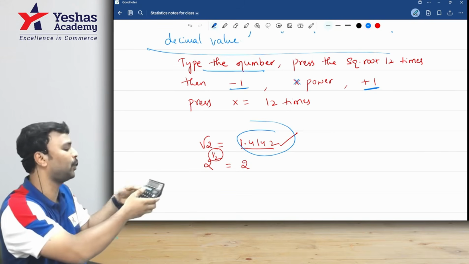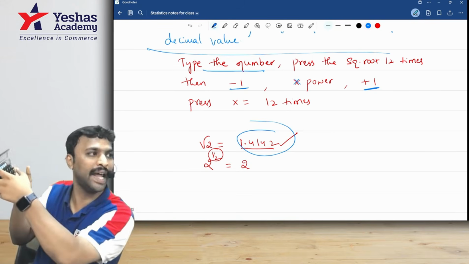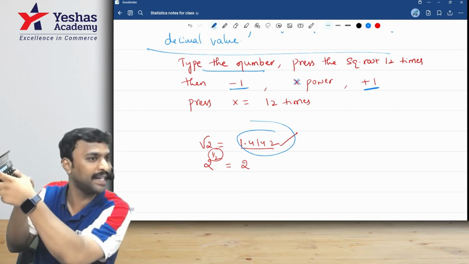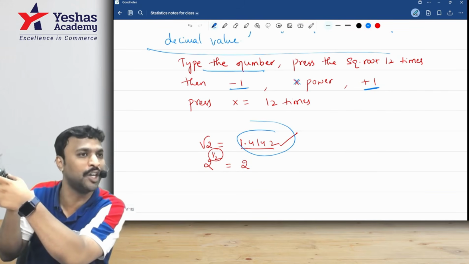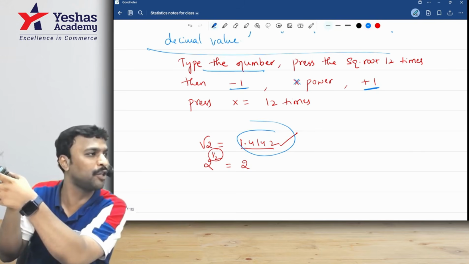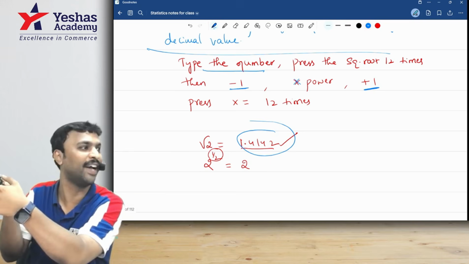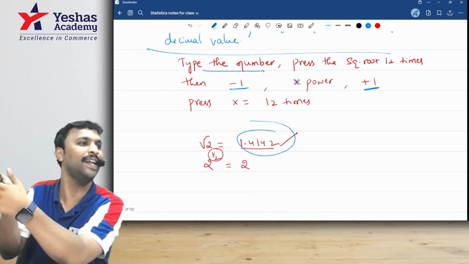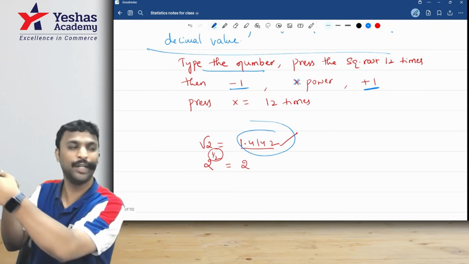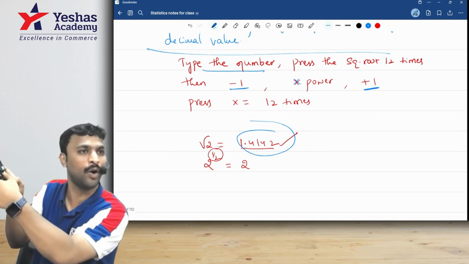I would expect you to keep your left thumb on the into button and right thumb on the equal to button. 12 times you have to press. That doesn't mean you count 1 for into and 2 for equal to, no. When you press into, don't count.